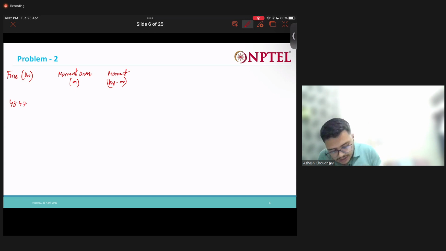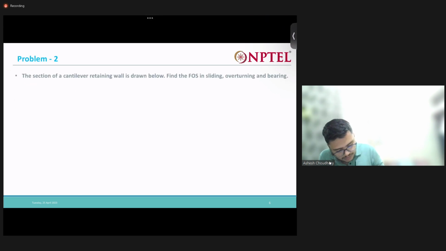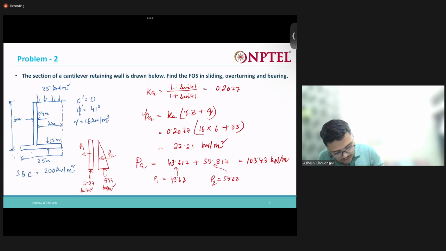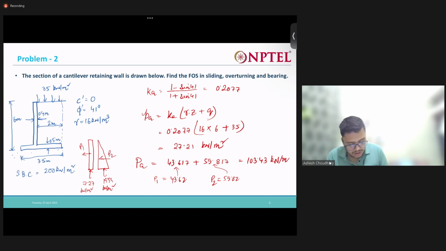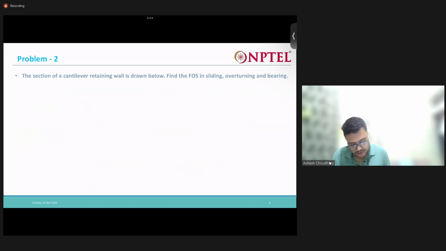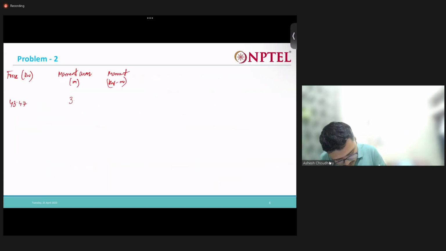It is acting at 3 meters from the bottom, since 6 by 2 is 3 meters. The moment will be 130.4. The next one is 59.82, this is P2, at 6 by 3, 2 meters, correct.